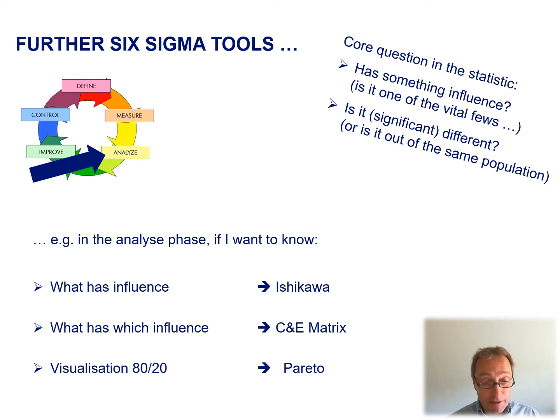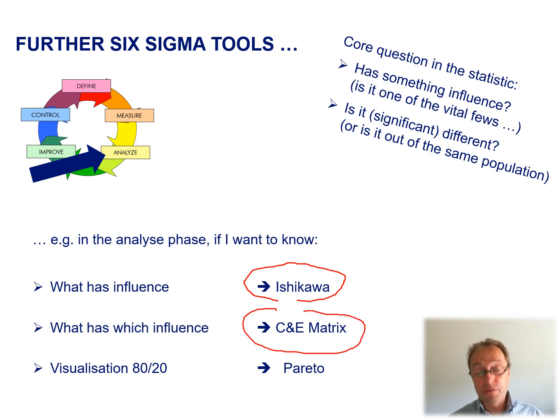And for what has influence, we could use very well the Ishikawa. For what has which influence, we could use the cause and effect matrix. And to make this transparent and visible also for other people, we could use very well the Pareto diagram. And this I would like to deepen now.